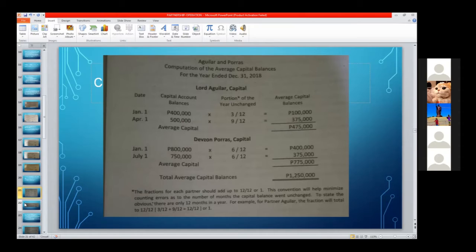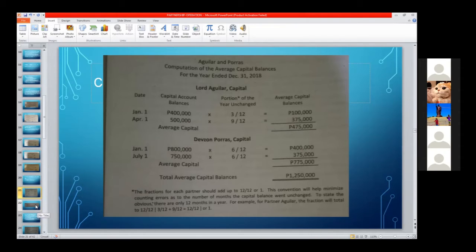So, for the Devzon Porras capital naman, ganun din yung 800,000 na beginning capital ni Devzon dun sa ratio of original capital investment kanina. Then yung 6 months, January, February, March, April, May, June.